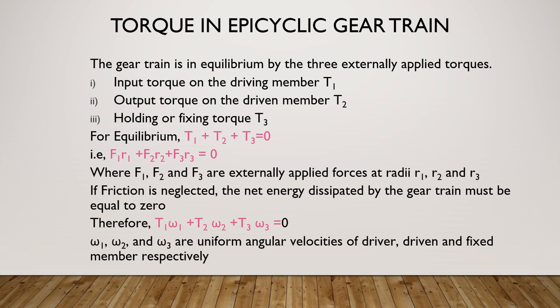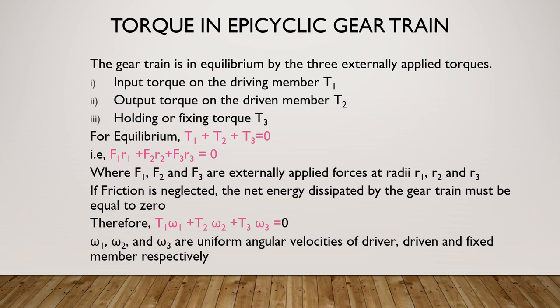Force into distance. So if I write T1 as F1 R1, T2 as F2 R2, T3 as F3 R3, adding them will give 0. Where F1, F2, F3 are externally applied forces at radii r1, r2, r3. So torque can be written in terms of force and radius.